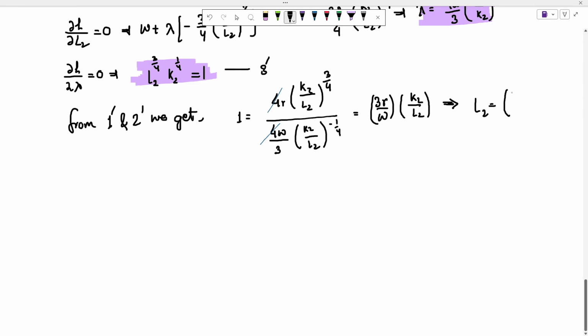L2 is just 3r by omega times K2. Putting that in (3'), we get... okay, are we missing something? I should hope not.